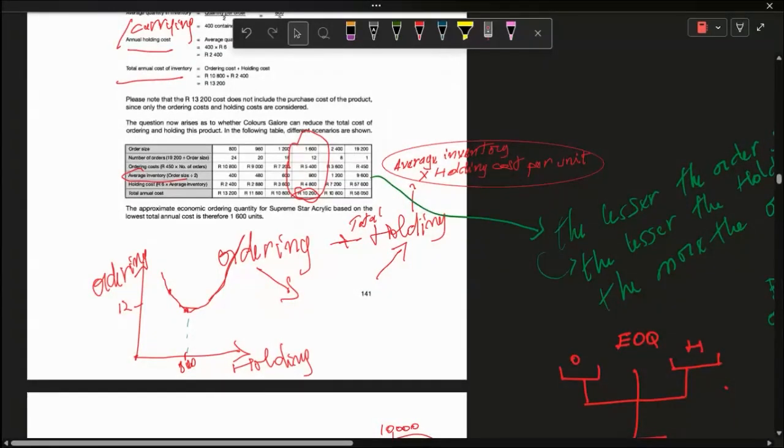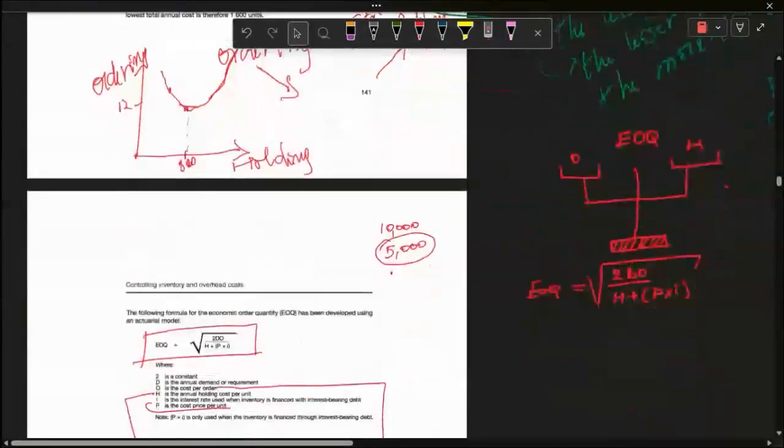You can see exactly the cost is minimized, or the costs match. Basically, they want to find the point where the cost of ordering and the cost of holding match.